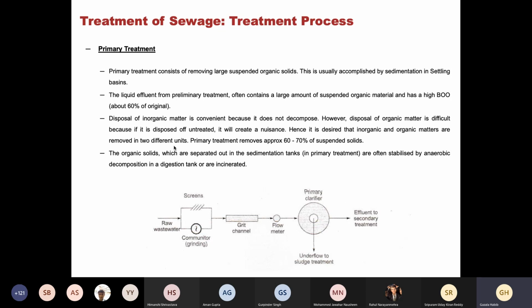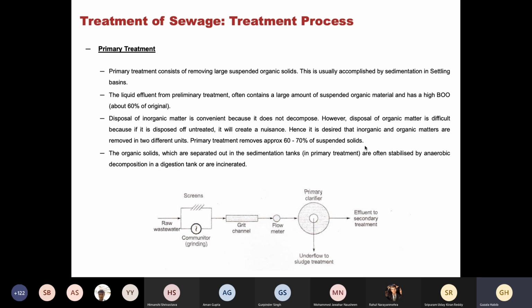After removal of grit particles, which are mostly inorganic and bigger in size, the suspended particles, colloidal particles, and dissolved particles, as we have already seen the definitions, will remain in the water, and most of them can be removed in the primary sedimentation tank. Primary treatment removes approximately 60 to 70% of the suspended solids.